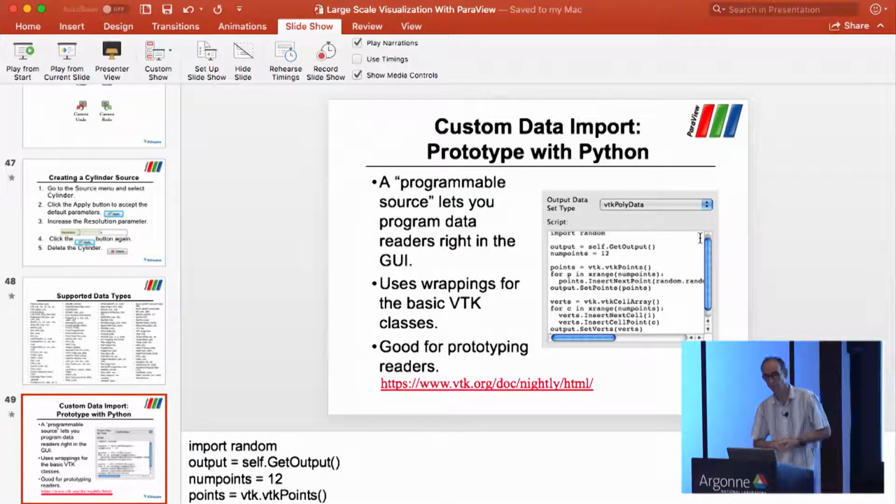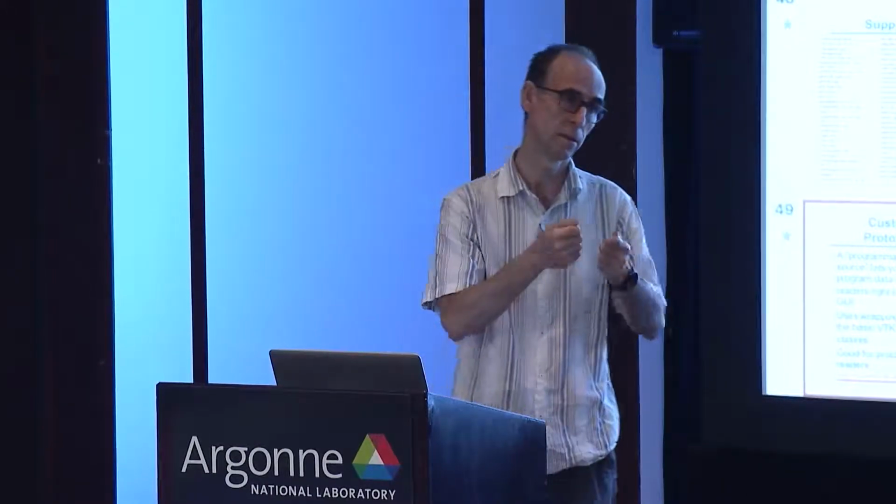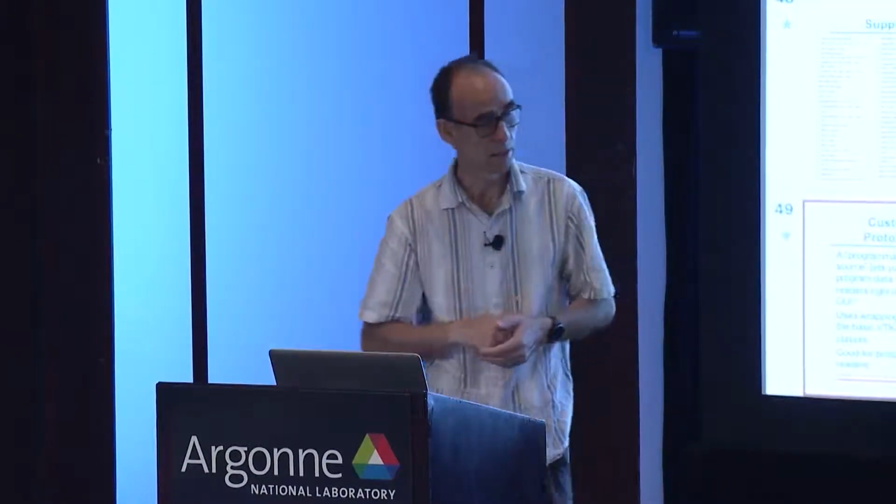If that's not available, you can create a reader using Python. So this is the programmable source, which allows you to write Python code that reads your data and creates the VTK data types that we expect. Another possibility is to create that reader in C++.